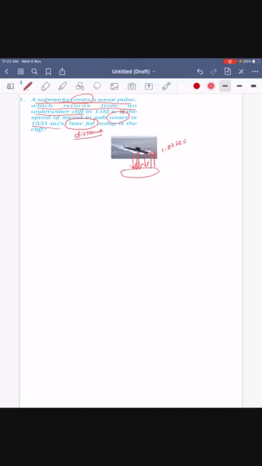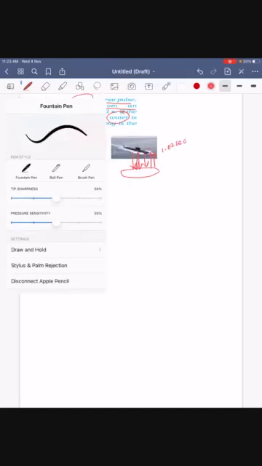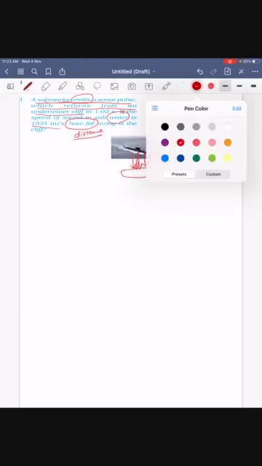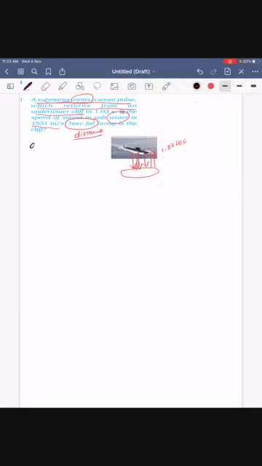First I will write the given values. What are the values given?